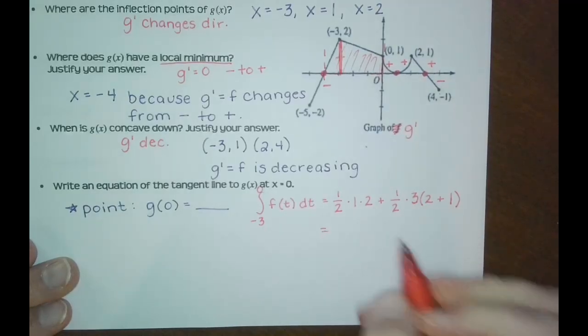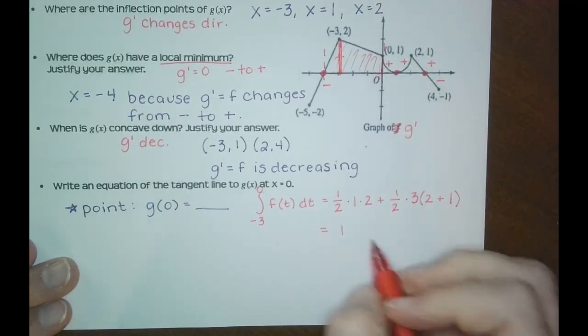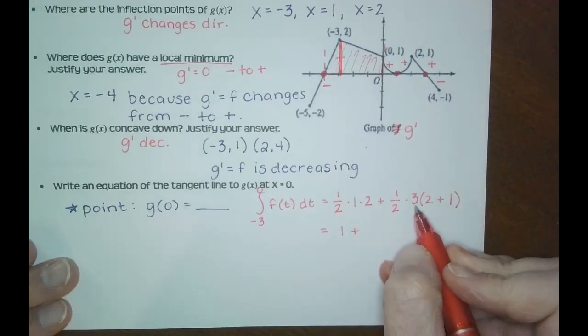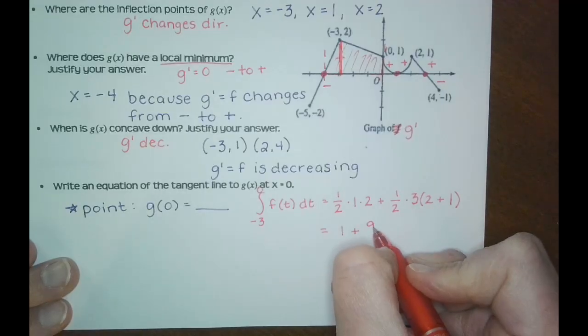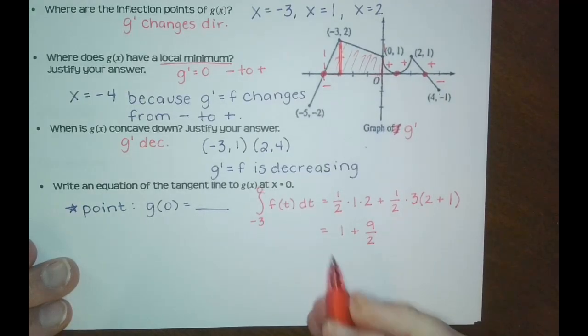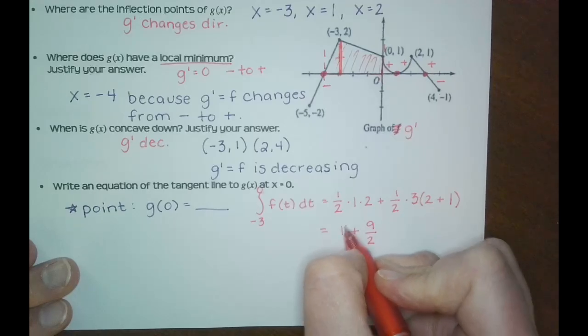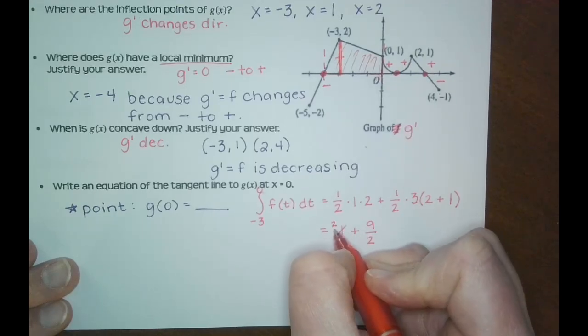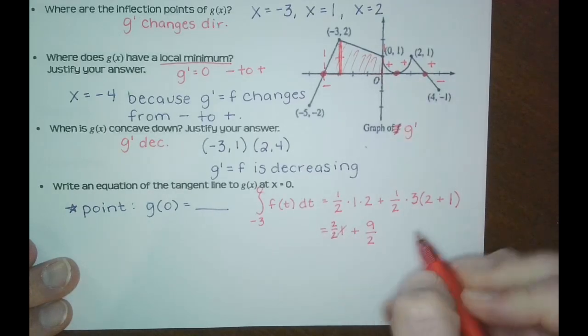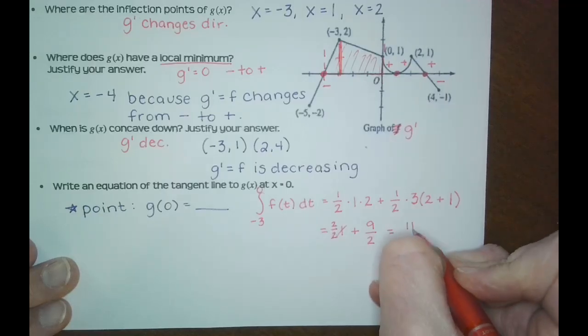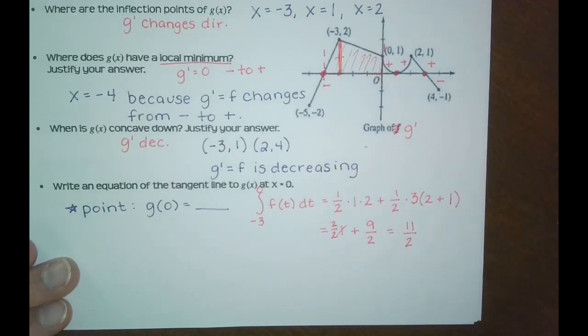Okay, so that is a 1, 1/2 times 1 times 2. This is 3 times 3, so that's 9/2. Okay, well, this 1 can really be a 2/2. So 2/2 plus 9/2 is 11/2.